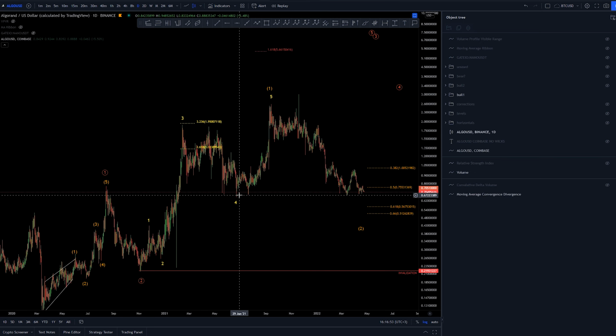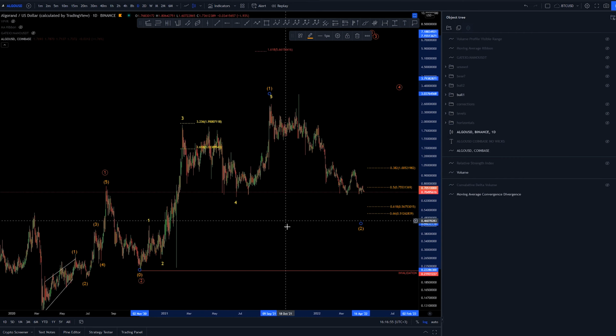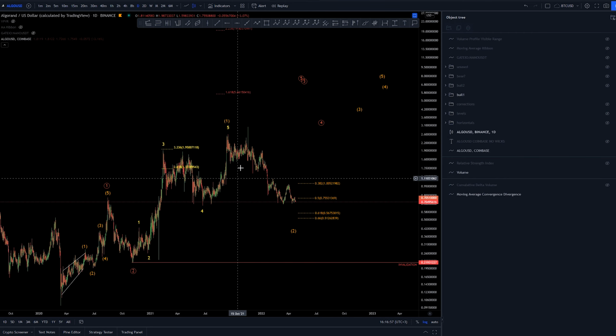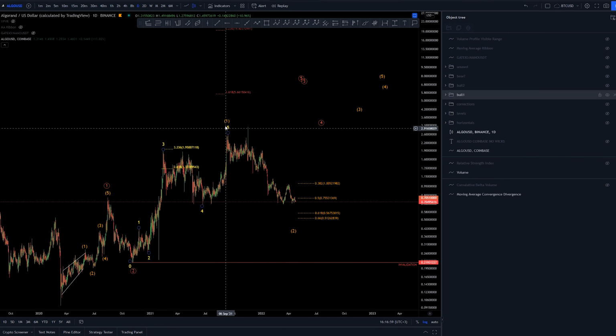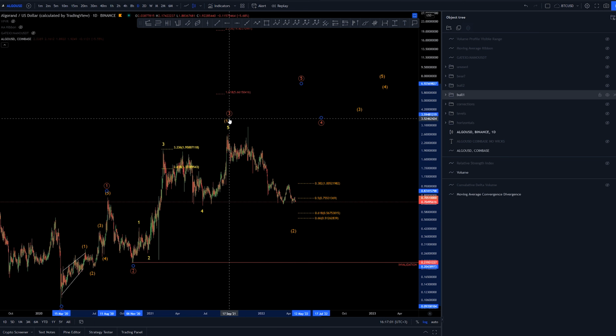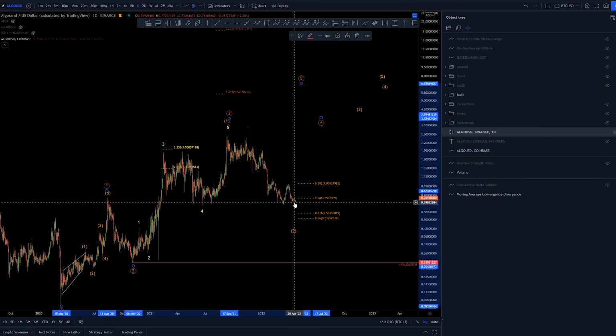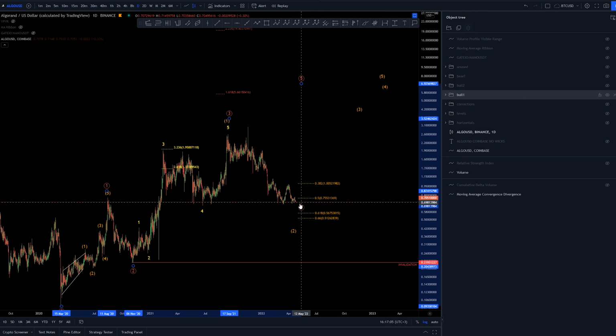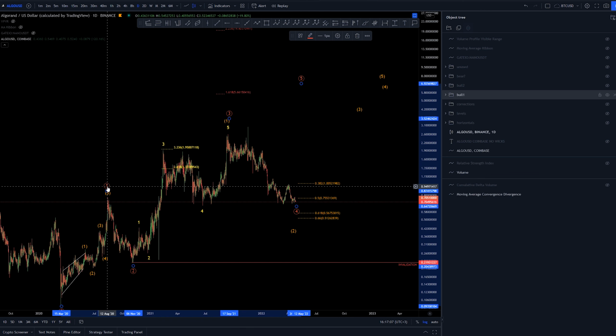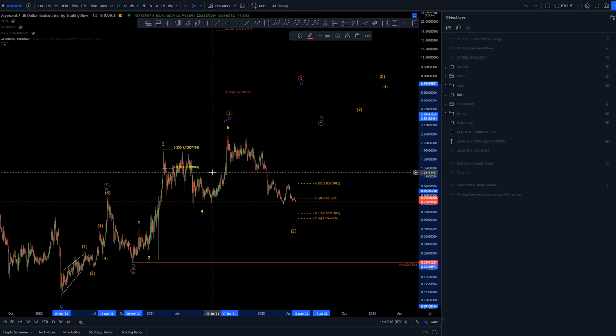But again, I wanted to put this intermediary 1 here instead of wave 3, because if I place the wave 3 here, the wave 4 would already collide with the wave 1 here, so that is not allowed.